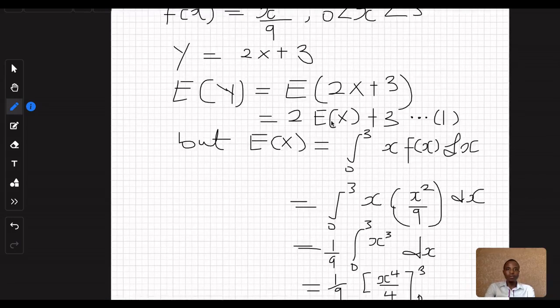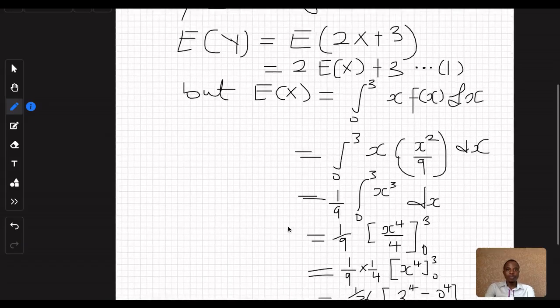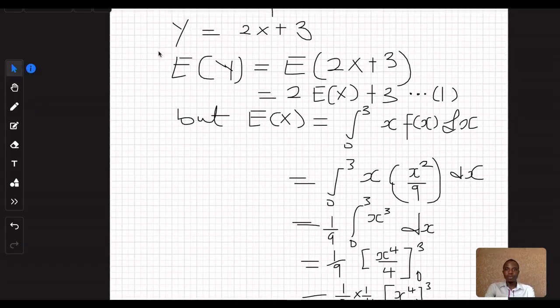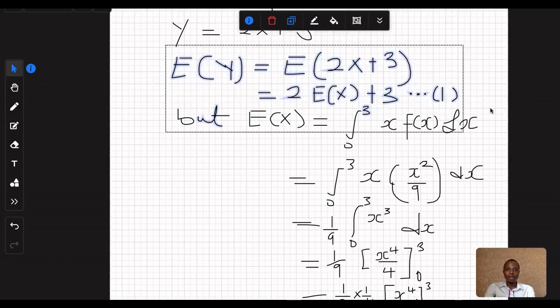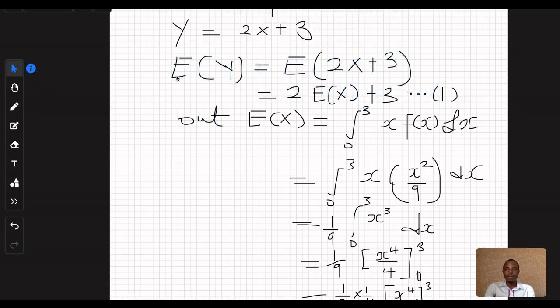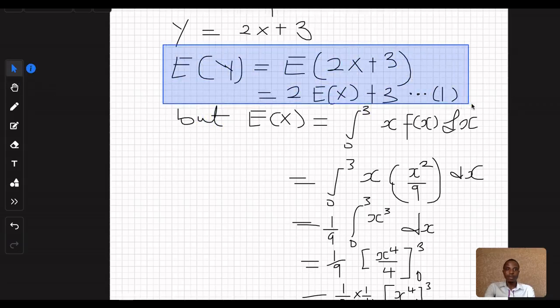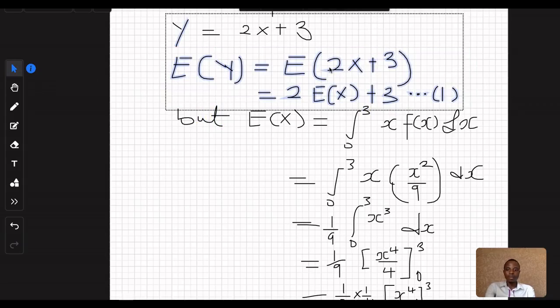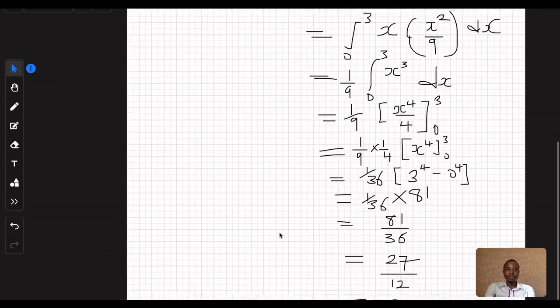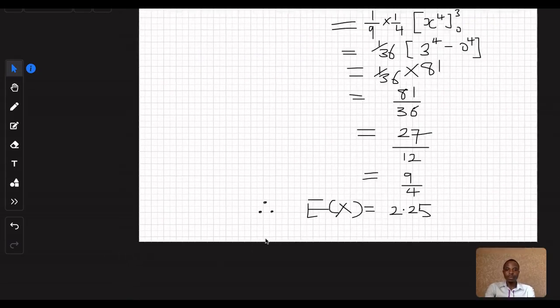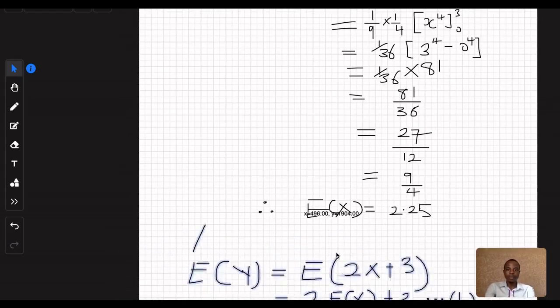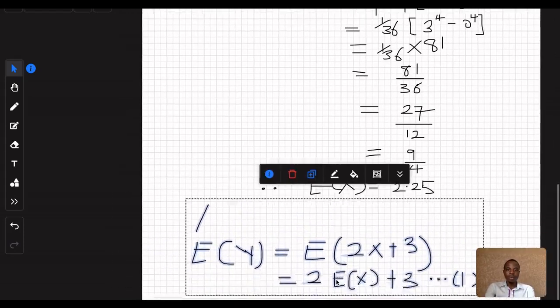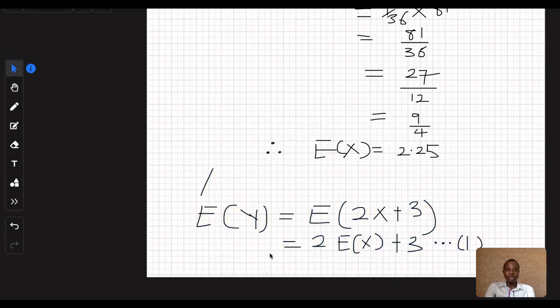From equation 1, I'll just copy equation 1 from here to serve as a reminder. Don't forget that this is what we were dealing with, but we now know this, so we may call this equation 2.